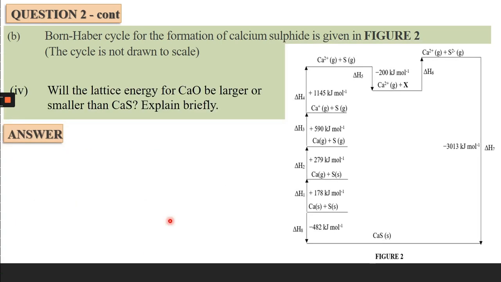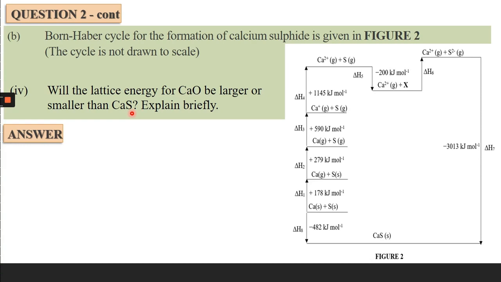Question number 4. Will the lattice energy for CaO be larger or smaller than CaS? Explain briefly. So in this type of question, students need to identify the difference that you see in CaO compared to the CaS. In this case, the anions are from different atoms. Oxide ion, O2 minus, versus sulfide ion, S2 minus.